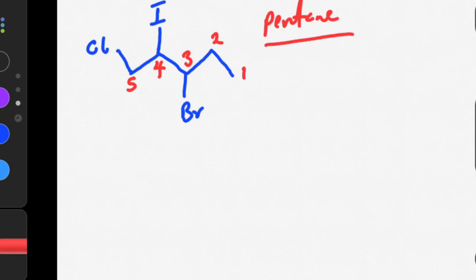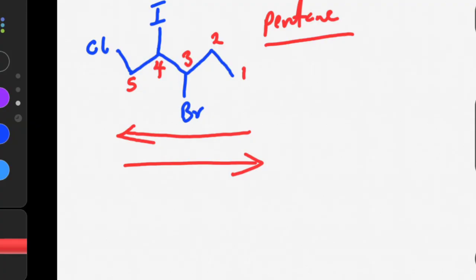Which is 5 carbons, right? So now we have to check which route are we going to follow. Are we going from right to left? That's 1, 2, 3, or are we going from left to right? In order to know which of the substituents should have the smallest number.